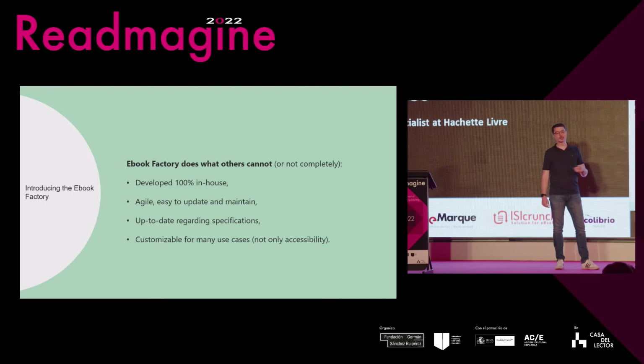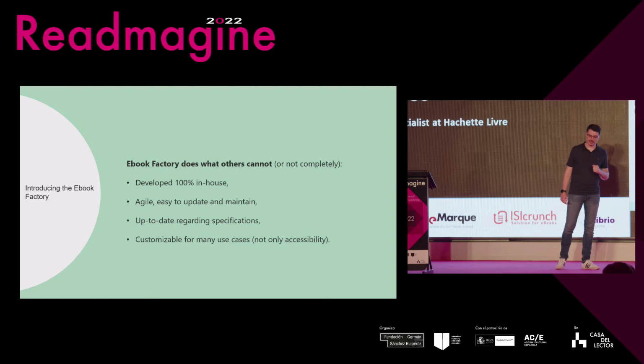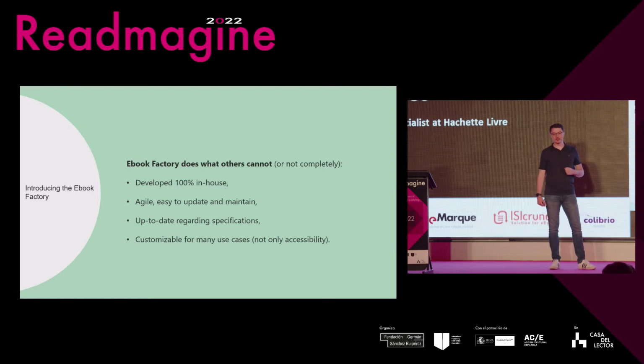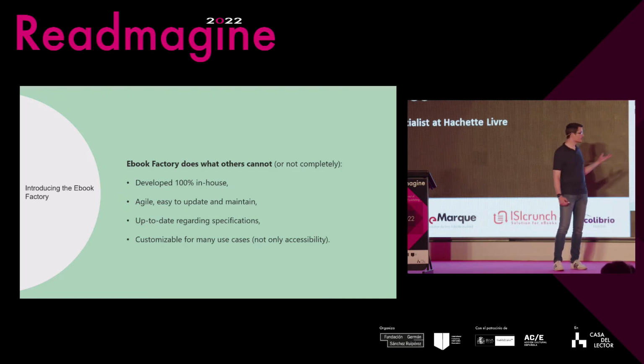And the second one is to use one project we have at Hachette Livre. This is the eBook Factory. And the eBook Factory does what other systems cannot do, or not completely. It's a framework written completely in-house, so the code is made by Hachette.